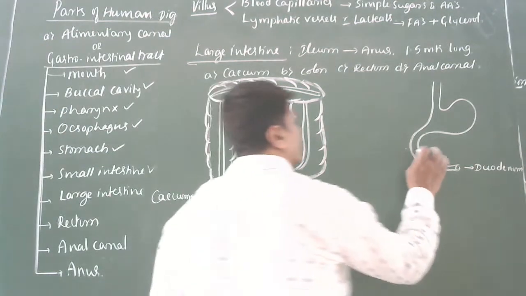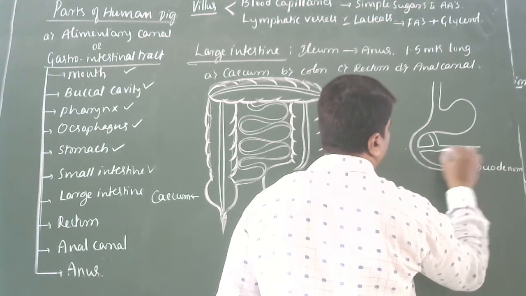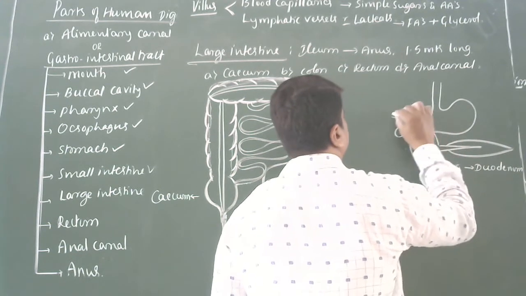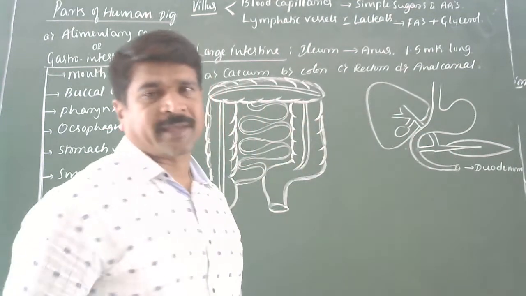It receives the hepatopancreatic duct of the liver and pancreas. This is the pancreas and this is the liver. The details of how the hepatopancreatic duct is formed I am going to explain when studying the glands.